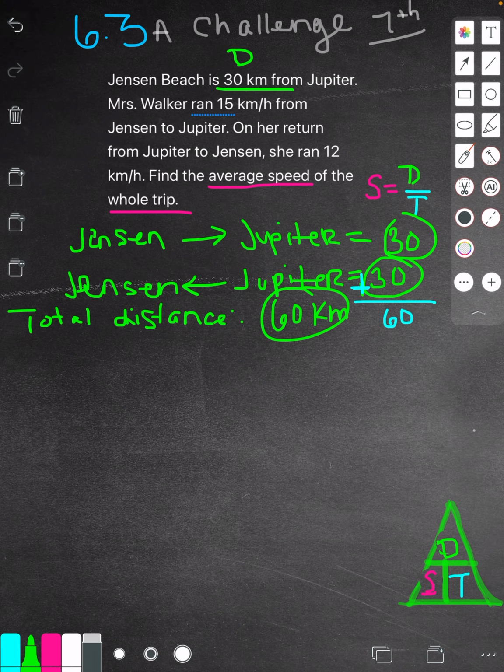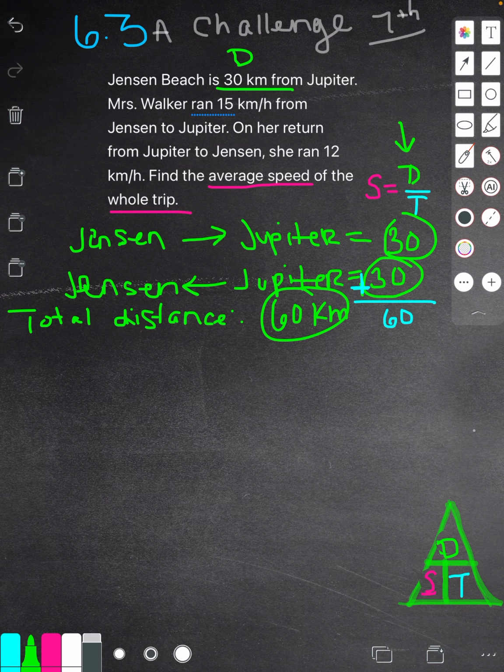Let's go back to our formula up at the top. Remember, we are looking for distance over time. Time. How much time did it take her? If you go back to the problem, there is not one time that the problem mentions how long it took her.